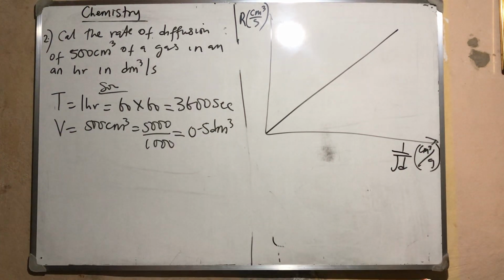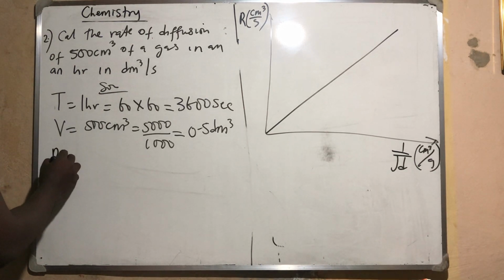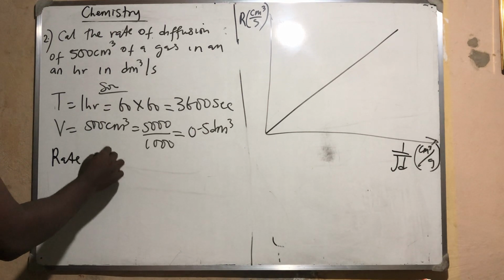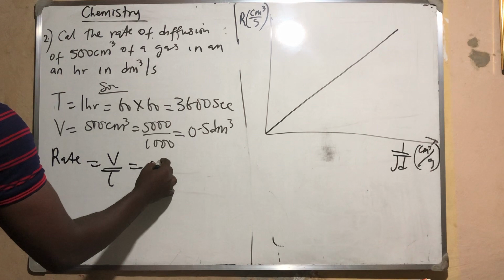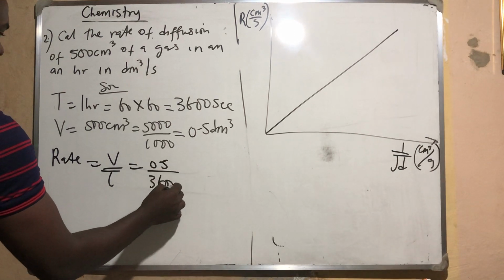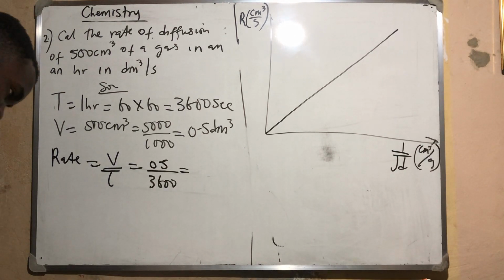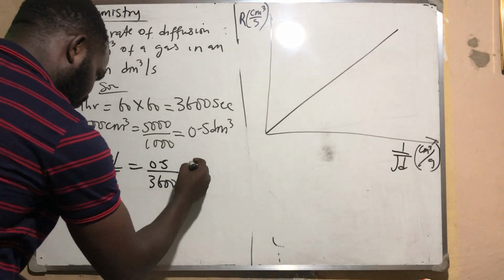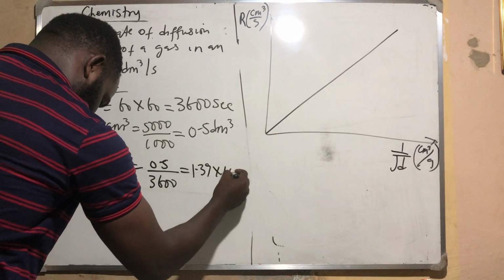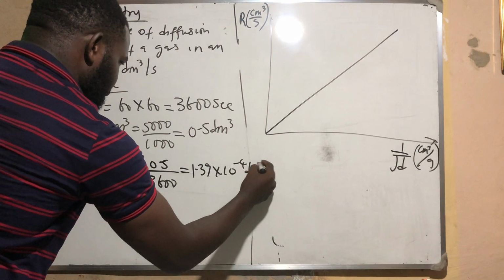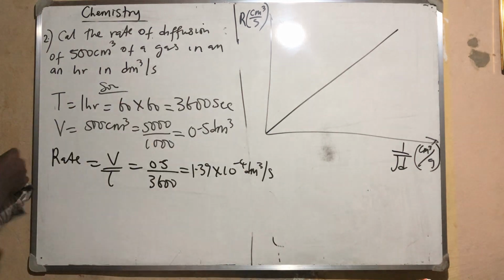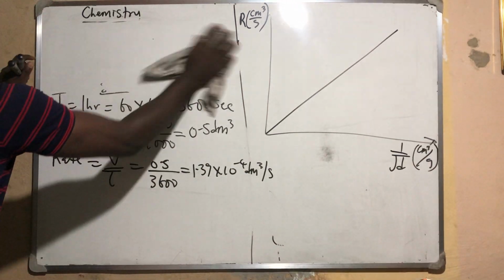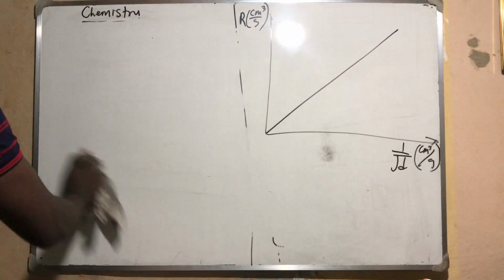So the rate of diffusion is equal to volume over time, which is 0.5 divided by 3600. You have 1.39 times 10 raised to the power minus 4 dm cube per sec, as they told us to convert it to. All right, so let's move to the next one.